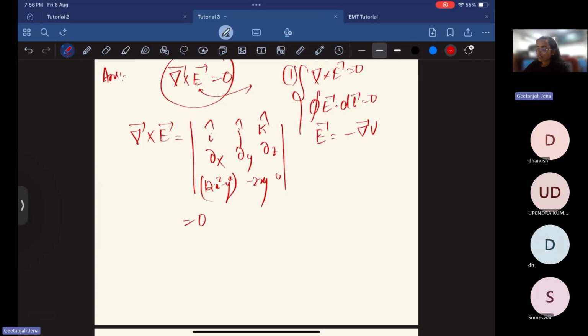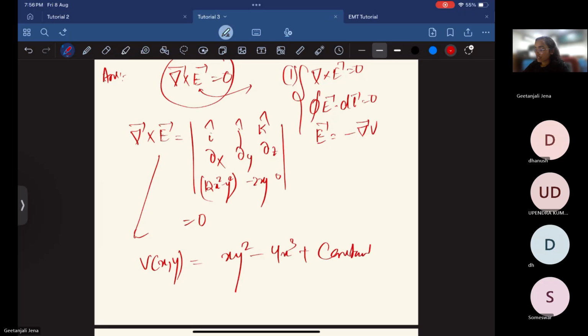And this being 0 means you can write it as the gradient of some scalar. So use the similar steps we followed before to find out the potential. Let me give you the answer. V of xy, you will get it as xy squared minus 4x cubed plus some constant. Check it.